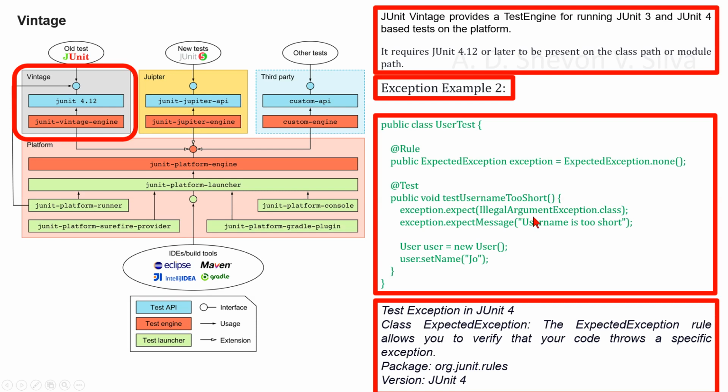After specifying the type of the expected exception, your test is successful when such an exception is thrown, and it fails if a different or no exception is thrown.